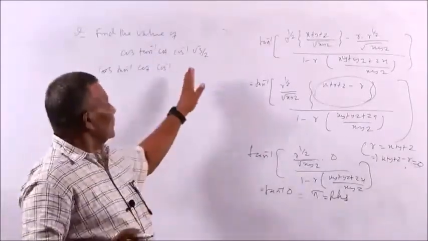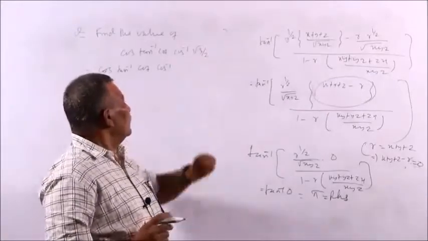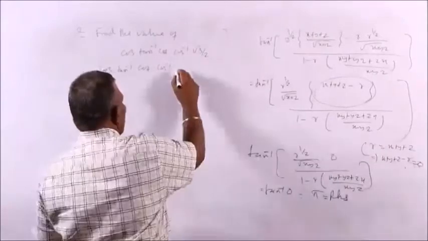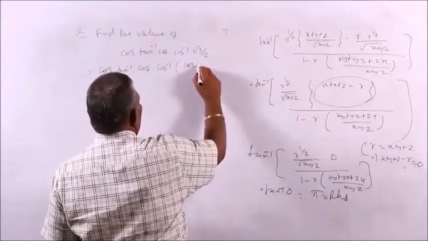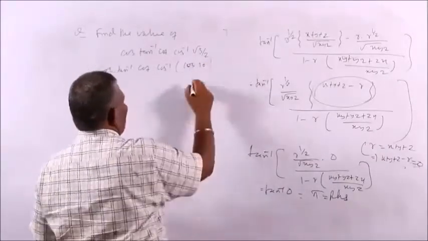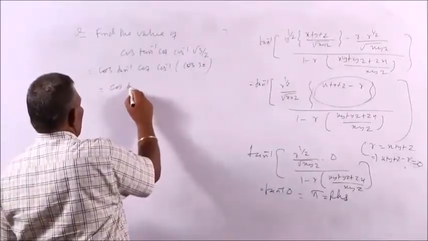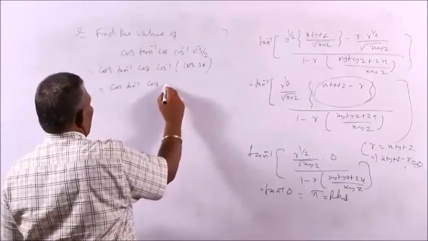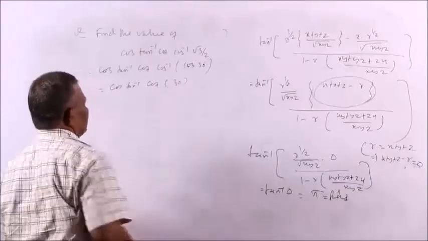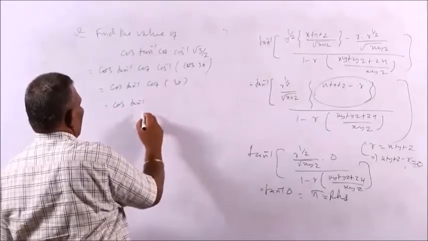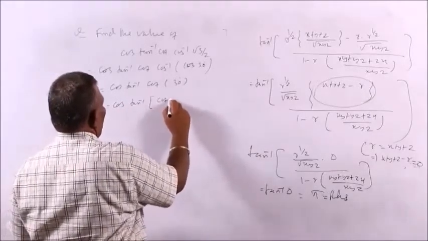You remember the trigonometric table, which value of cos is root 3 by 2? I hope it is cos 30 degree, or you can write pi by 6 also. Cos tan inverse cot 30 degree, that is cos tan inverse cot 30 degree.